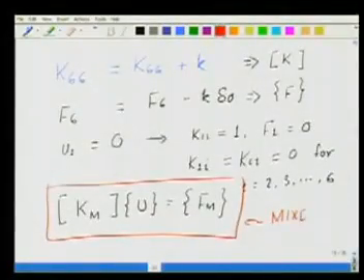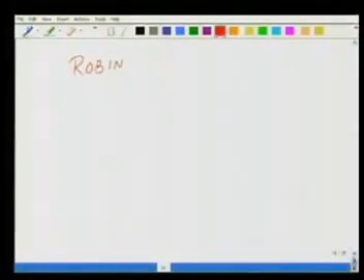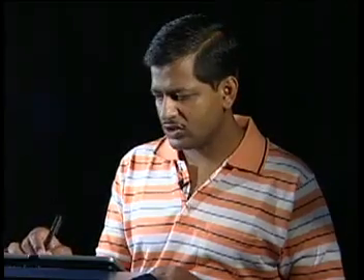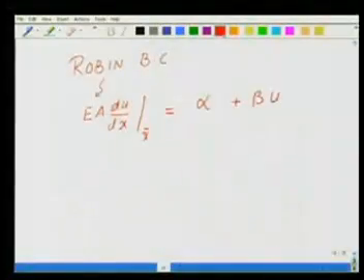This kind of boundary condition, which is in terms of a spring applied at one of the ends, is called a mixed BC or a Robin boundary condition, which is that the end load, that is the EA du dx at the point x bar is given in terms of some constant plus beta times u at x bar.